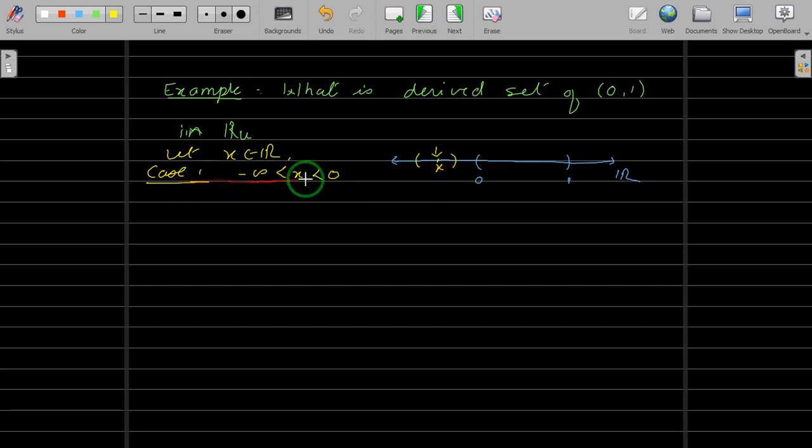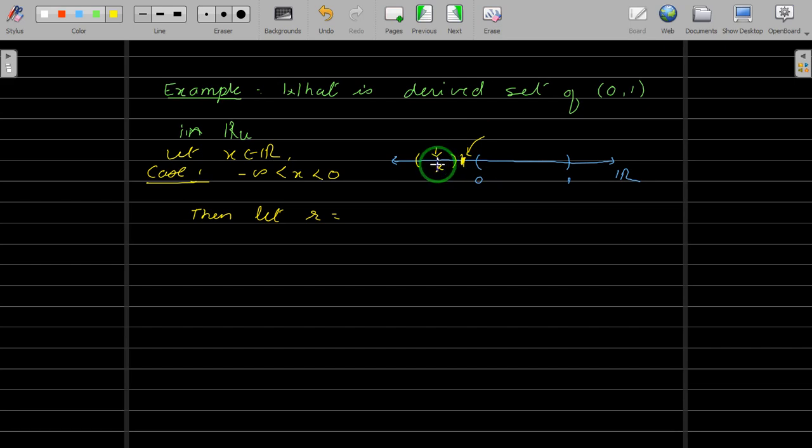Okay, so if X is less than 0, let me write that for you. Then let R be, X is here, so you take the distance or you take a midpoint of this somewhere, and if you take that midpoint and if you take the open interval, that's the basic neighborhood that will not intersect with the given set, and hence that X cannot be the limit point.